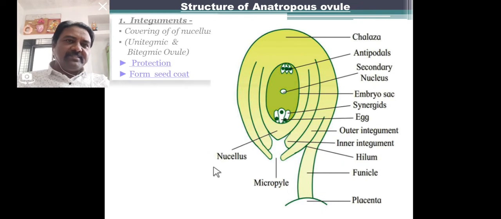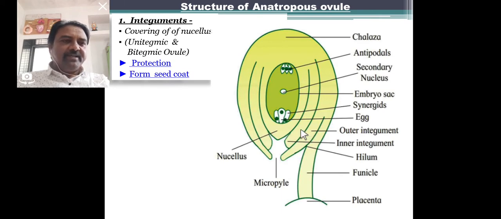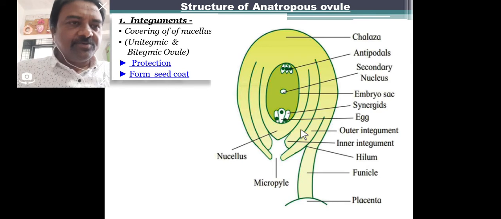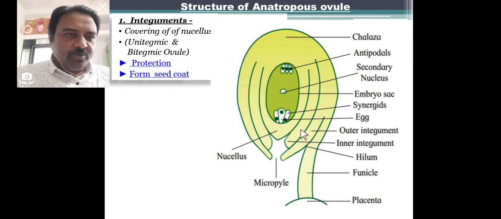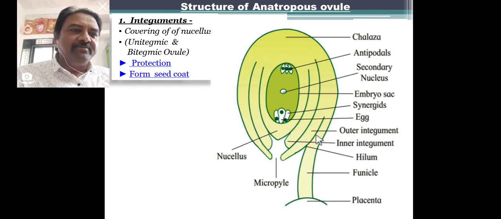First one is integuments. Here it is clearly seen that this one is the outer integument and this one is the inner integument. If an ovule consists of only one integument, such an ovule is called unitegmic ovule, and an ovule consisting of 2 integuments is called a bitegmic ovule.